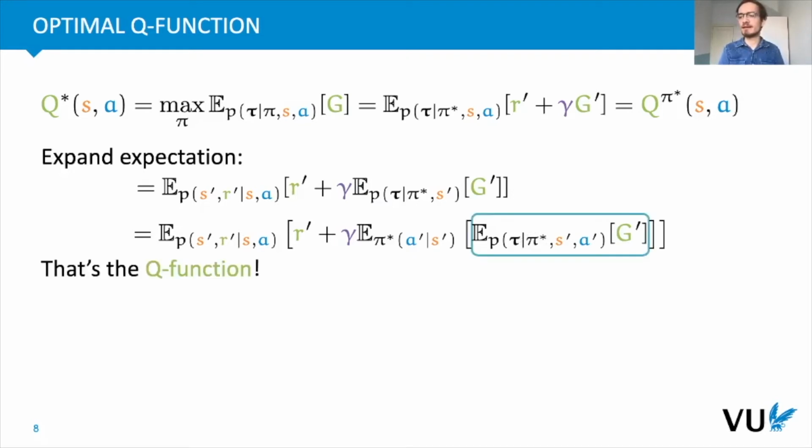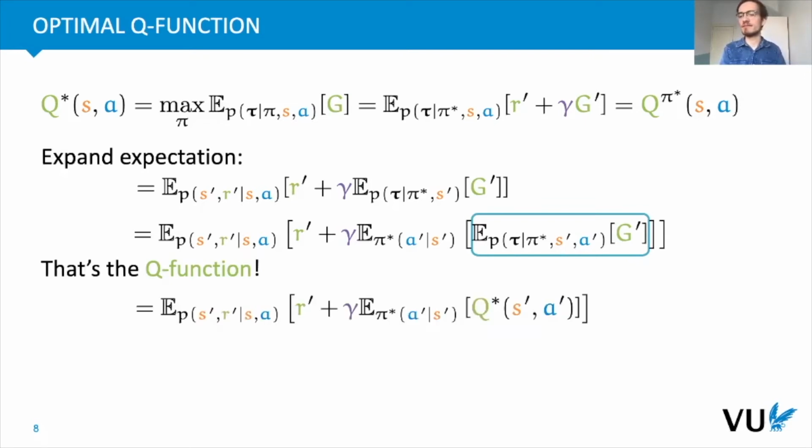And if you remember correctly, it's actually right here. This looks exactly like the Q function. So we find a very nice recursive computation for the optimal Q function. Namely, we can just substitute here the optimal Q function, Q star of S prime A prime, so the Q function in the next state.